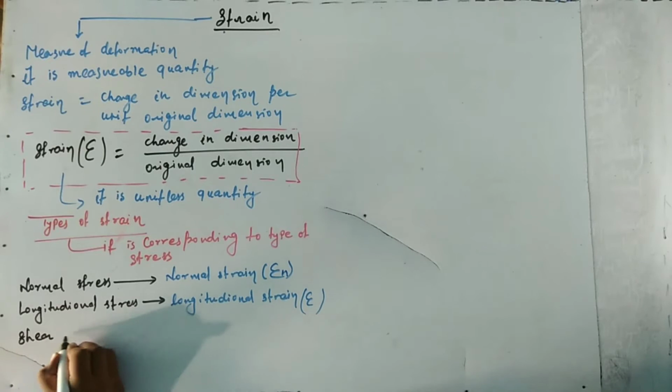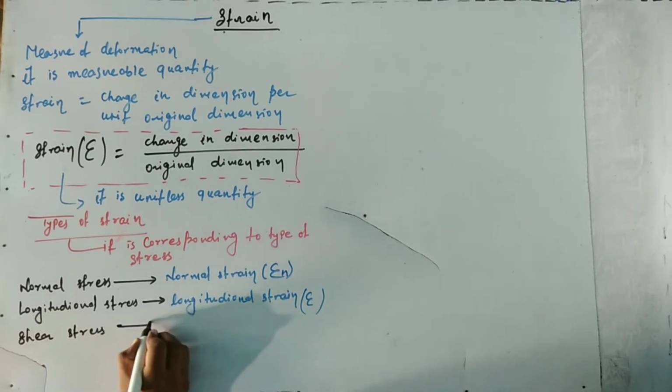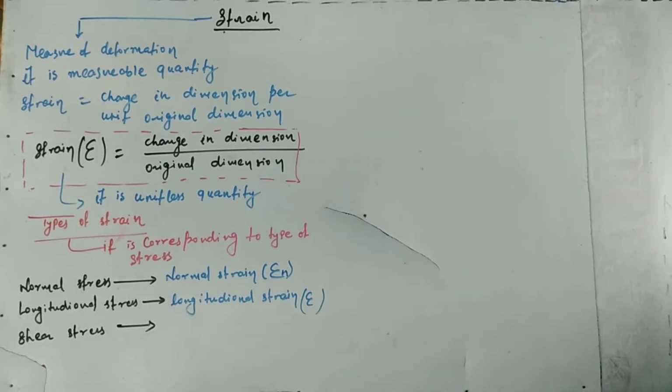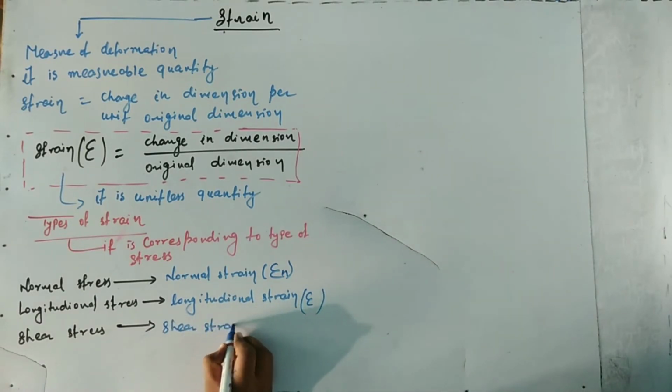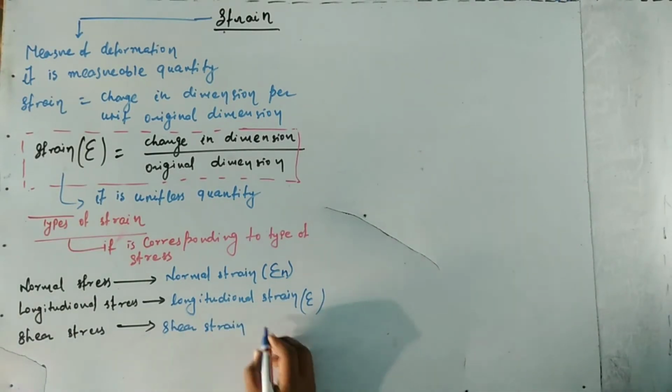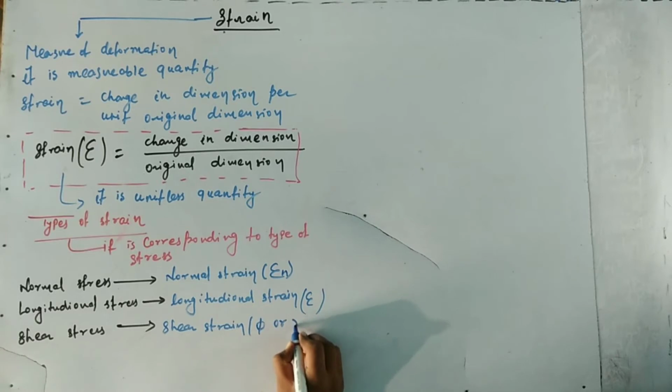The next type of strain is according to shear stress, so the strain is shear strain, and it is denoted by phi or gamma.